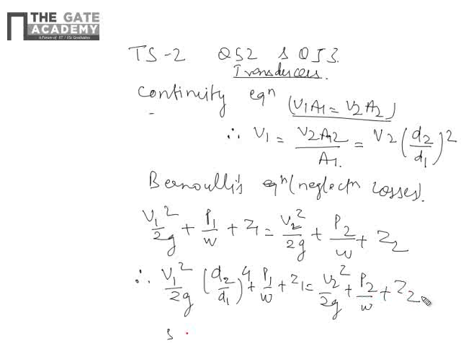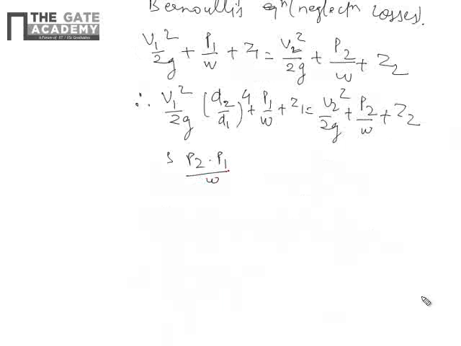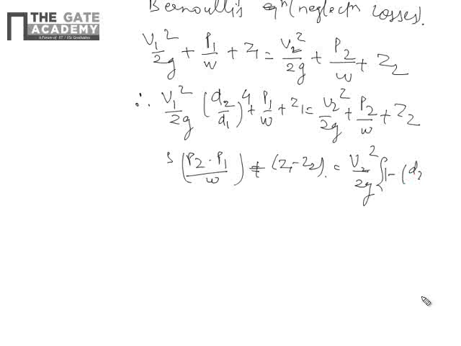And if you solve this further, it's (P2 minus P1) upon W plus Z1 minus Z2, that is the potential difference, is equal to V2 square by 2g times (1 minus (d2 by d1) to the power 4). So it is a simplification of the equation.